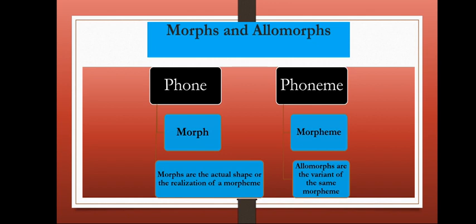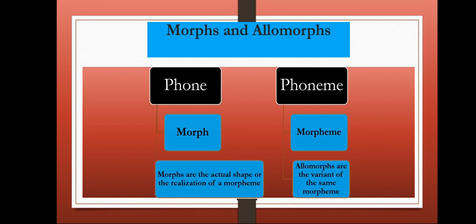So one phoneme has several realizations, and those realizations or variants are called allophones. Similarly, we have one morpheme, and the actual representation on a piece of paper or when you utter that morpheme is called a morph. One morpheme has several realizations, and those realizations are called allomorphs. So allomorphs are just like allophones, and a morph is just like a phone.